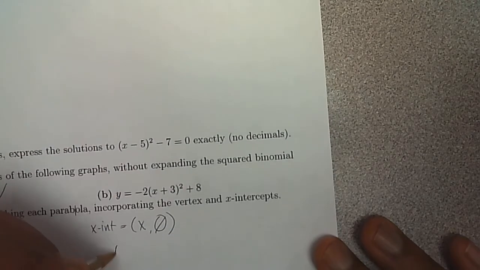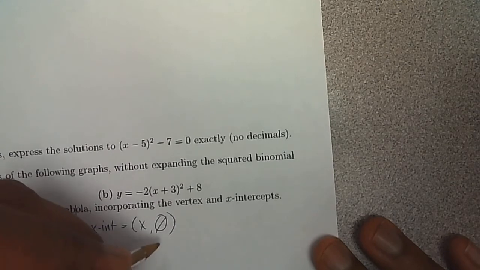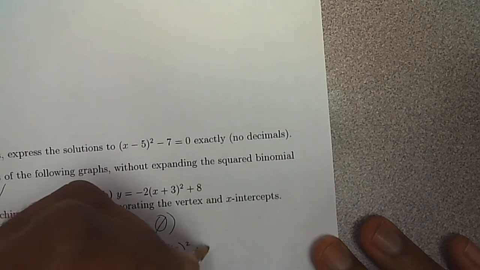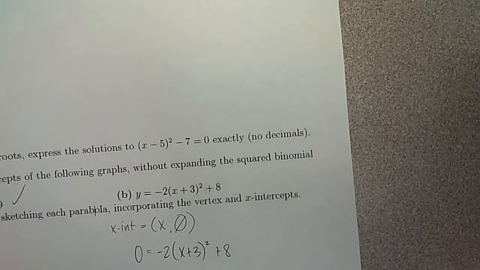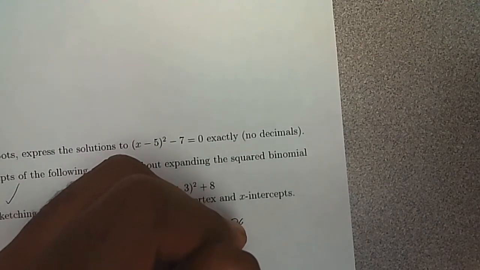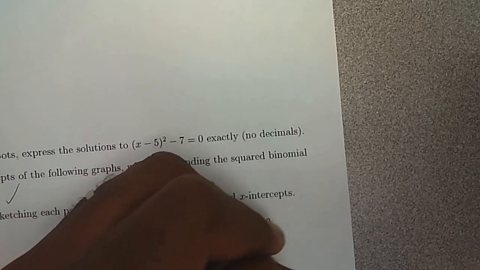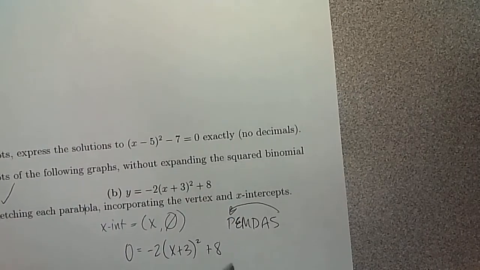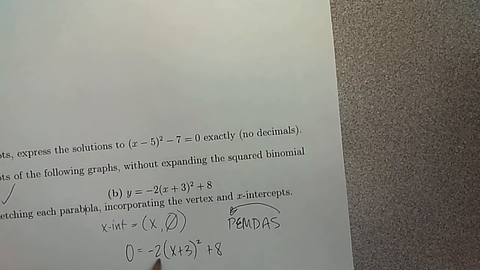So on this one, this is 0 equals negative 2 times the sum of x and 3 squared plus 8. So to undo it, I am going to undo PEMDAS. Almost forgot it. So you work your way back. So on this side, do I have subtraction? No. This is multiplication.